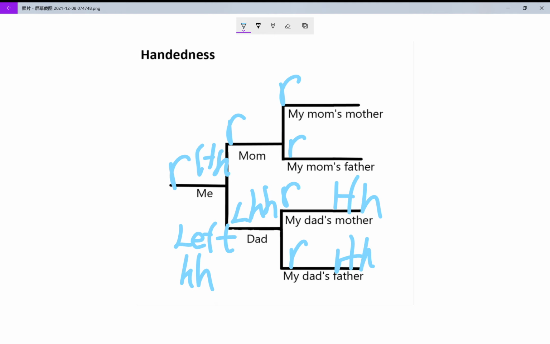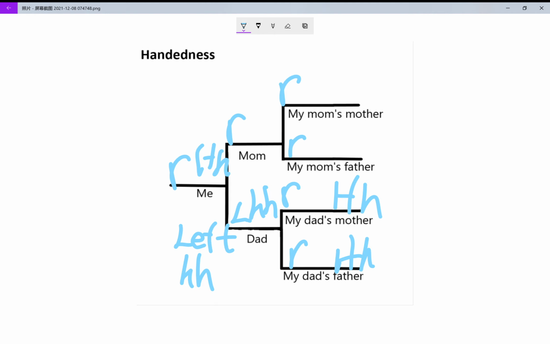I'm double eyelid as well. On my dad's side, my dad is double eyelid. My dad's mother has double eyelid, but my dad's father has single eyelid. So in my family, double eyelid is dominant.